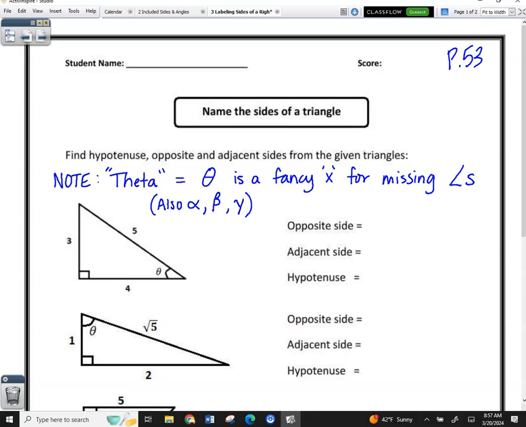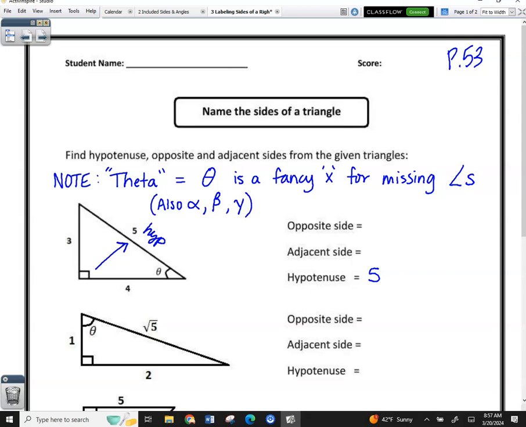It'll be from the right angle to the side opposite of the right angle. And then you're going to put hypotenuse, or I like to put either capital H or HYP. Then we're going to say, hey, the hypotenuse is 5. Now you're going to notice there's two new names, opposite and adjacent.